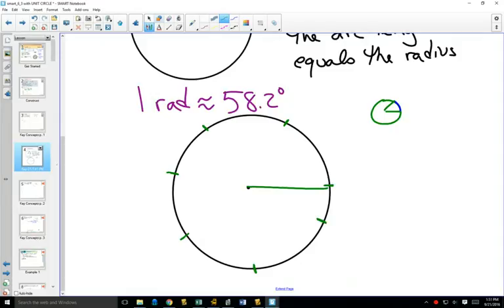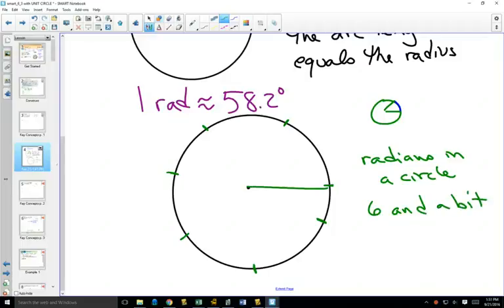And you're saying, is that 6? So here what we're trying to figure out is radians in a circle: 6 and a bit. And someone is saying, is it 6.28 or 2 pi?